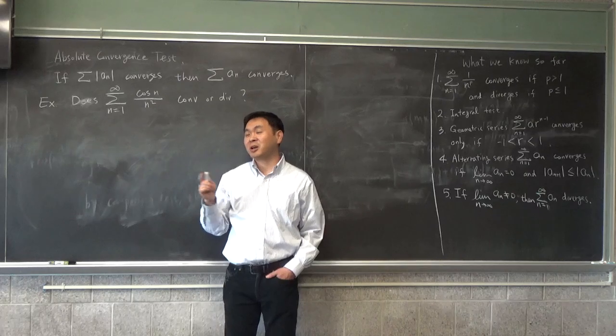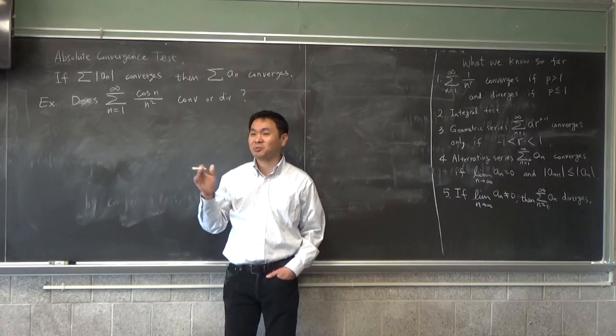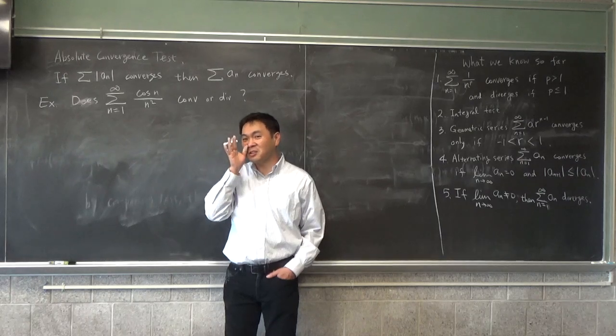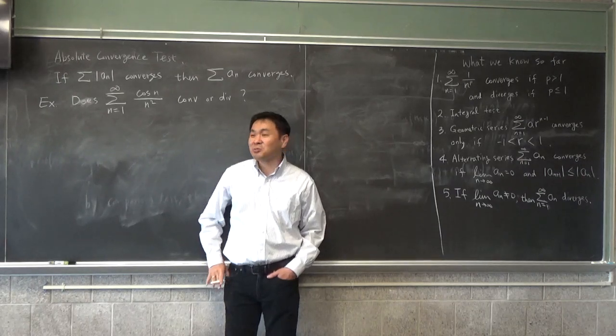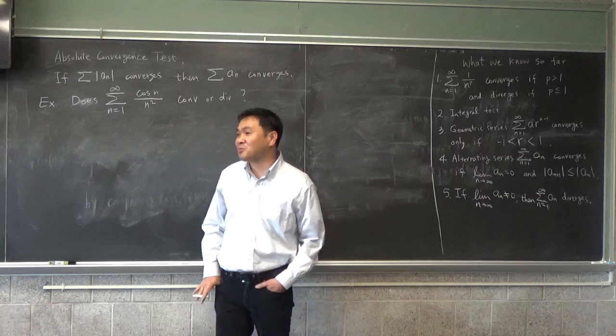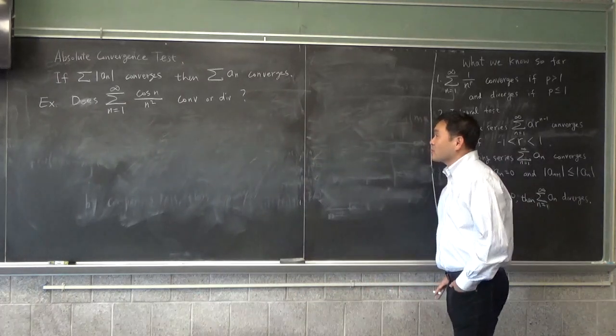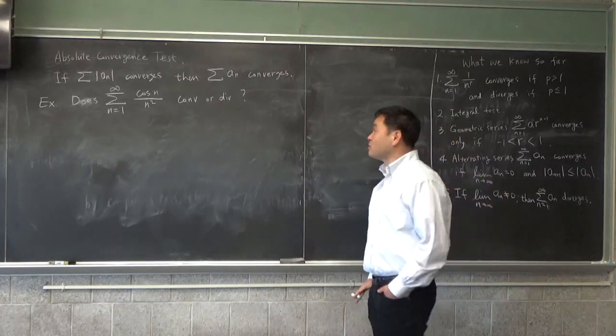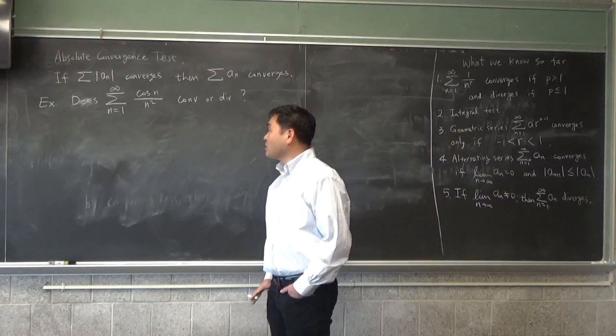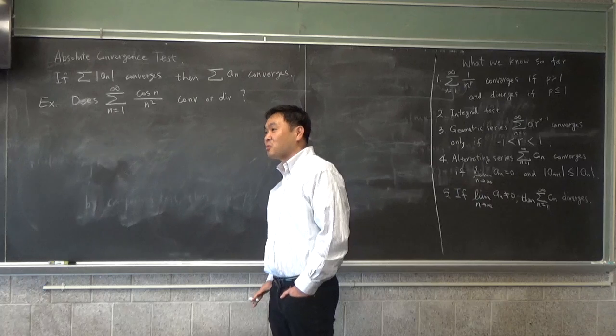And it's almost random. Cosine 3, cosine 4, cosine 5. It's really hard to track down the values. It doesn't follow a pattern that much. And because it's sometimes negative, you can't directly use the comparison test that we were talking about.